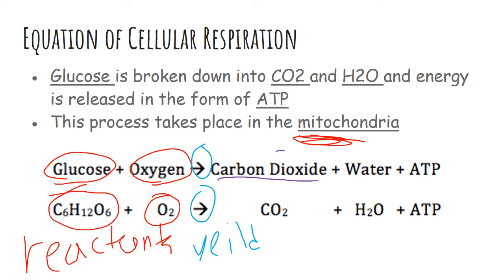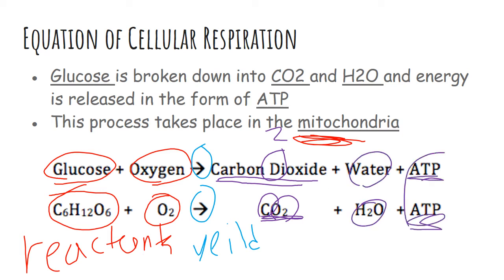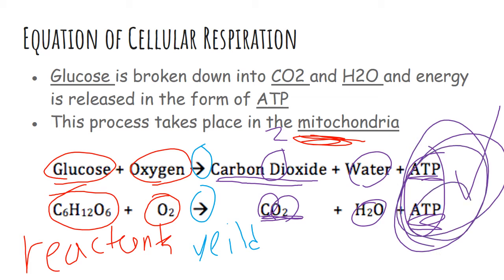What does di mean? It means two. So carbon dioxide means carbon and two oxygens. And then water, so H2O, water. And then you get ATP, which is adenosine triphosphate. You want that. You get a lot of this from cellular respiration.